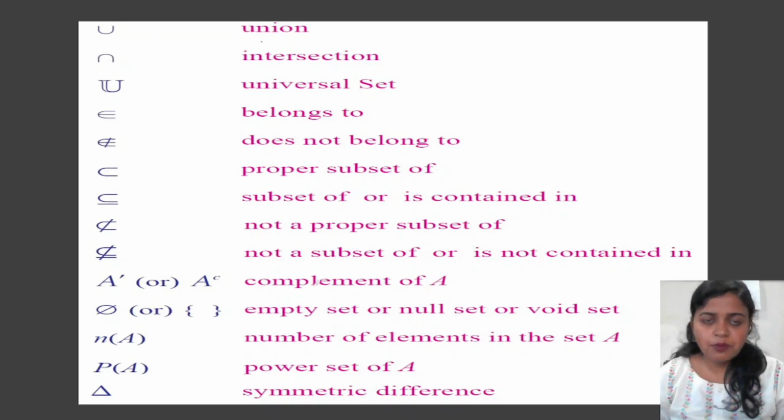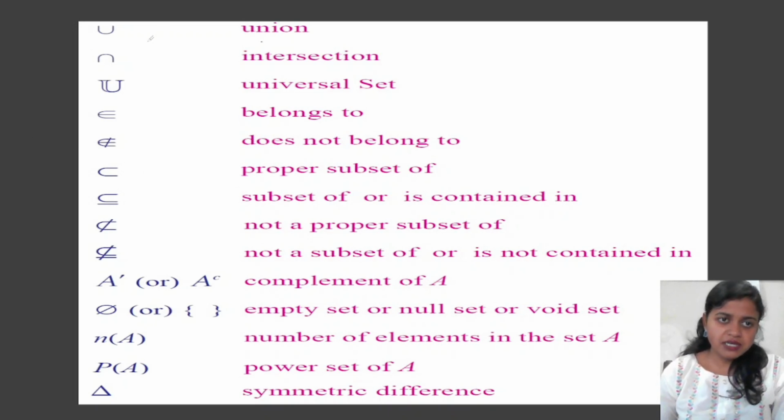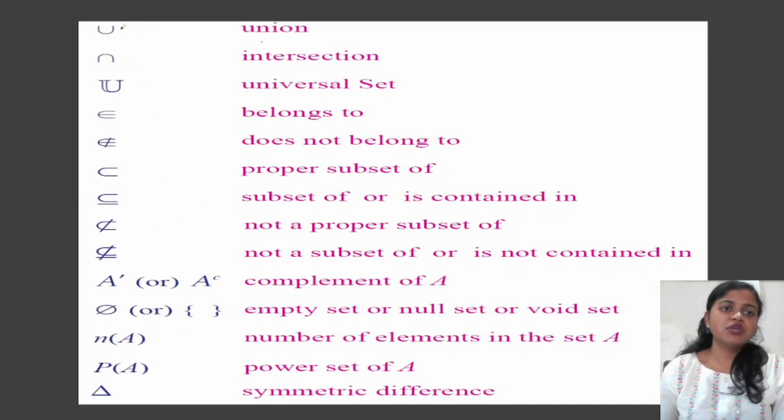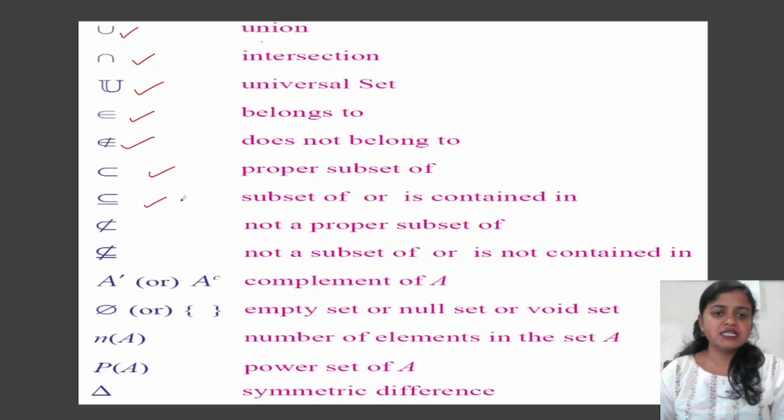Next, some important symbols to understand the set chapter. Here we'll write union. This is the symbol for union, and intersection is this one. Universal set is this one. The belongs to symbol is this one, and does not belong to is this one. Proper subset is this one. Subset of, or is contained in, is this one, and not a proper subset is this one, and not a subset of, or is not contained in, is this one.